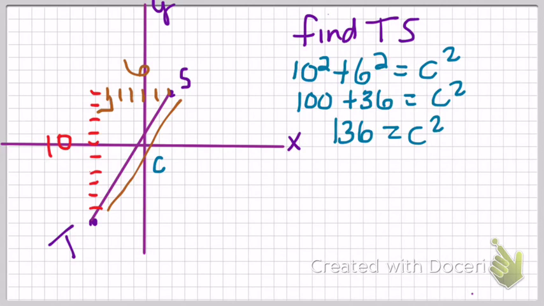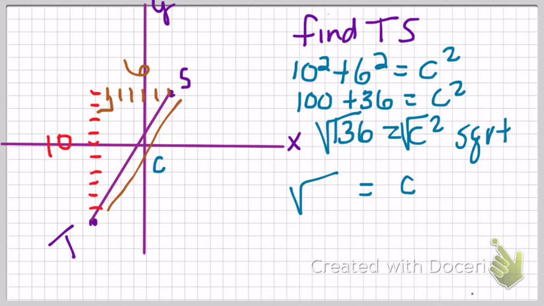I can take the square root. And for our purposes, you can go ahead and type that in your calculator to get the decimal equivalent. Should be a little less than 12, so like 11 point something. I don't have my calculator handy, so you'll have to do that part.